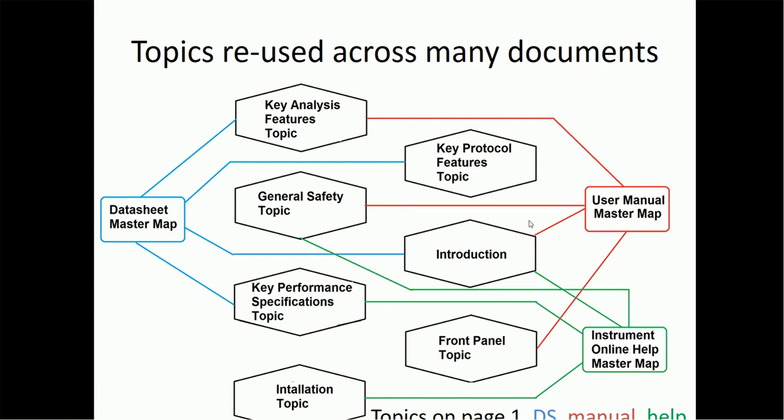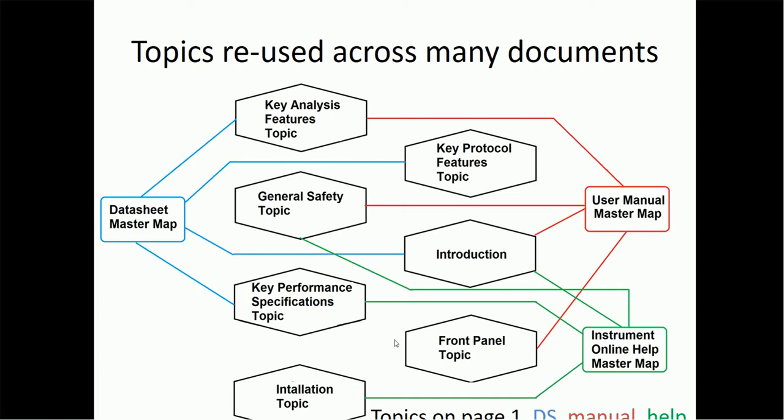Independent of the data sheet, we might have a user manual that also calls the key analysis feature, the general safety topic, and the front panel. In addition to that, we may have the instrument online help, which calls the key performance specification, the general safety topic, and the installation topic.